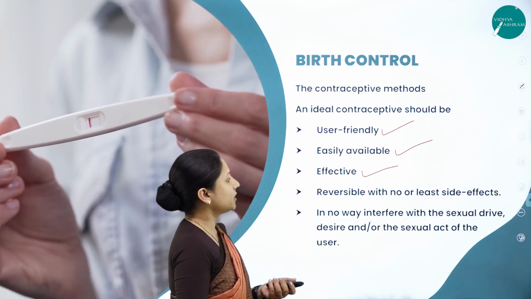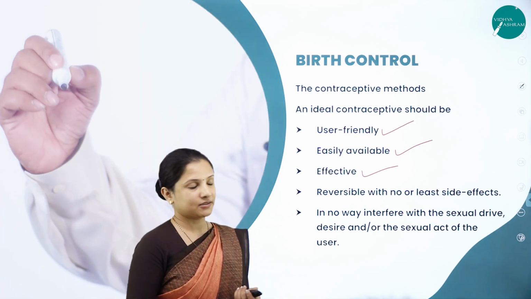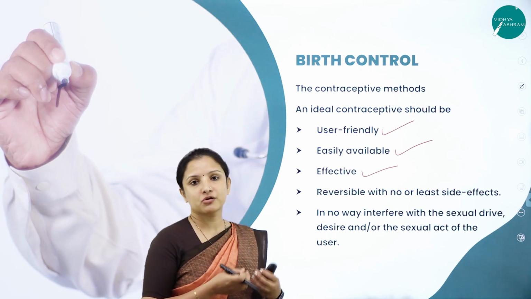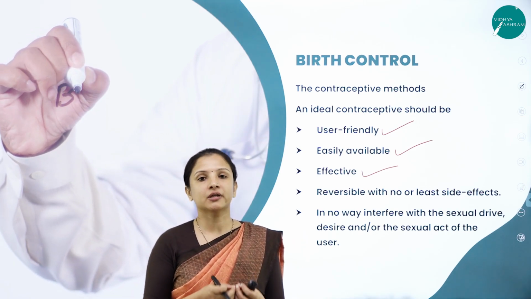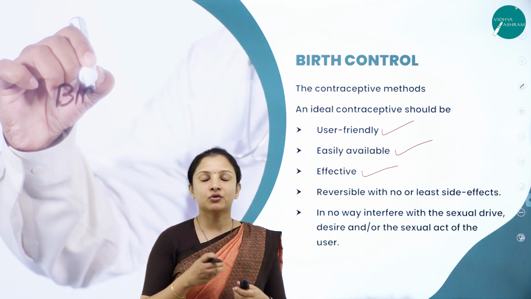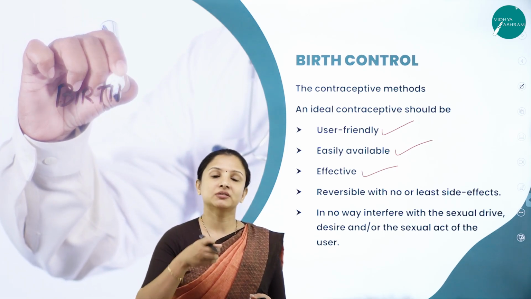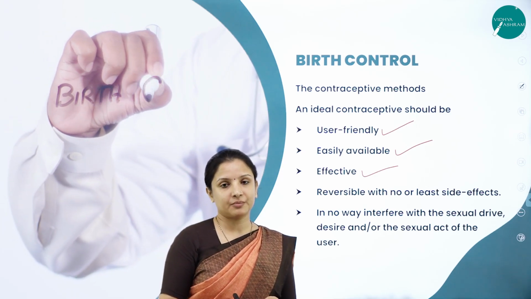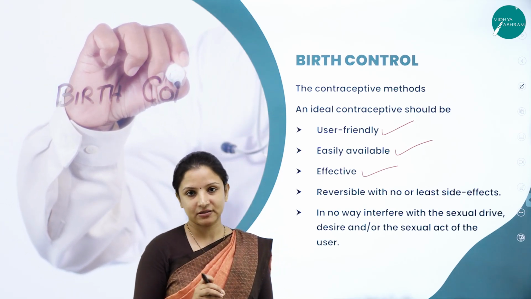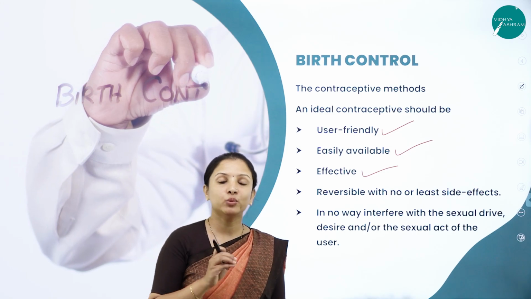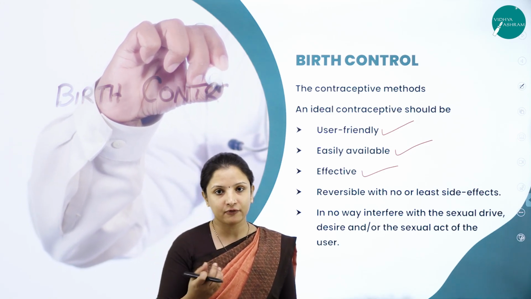Next, reversible with no or at least minimal side effects. So this contraceptive should have no side effects on the individuals using it. Otherwise, skin rashes developing or some allergies towards the chemicals used in the contraceptives, all those side effects, if they happen, then people will think twice about using them for birth control.